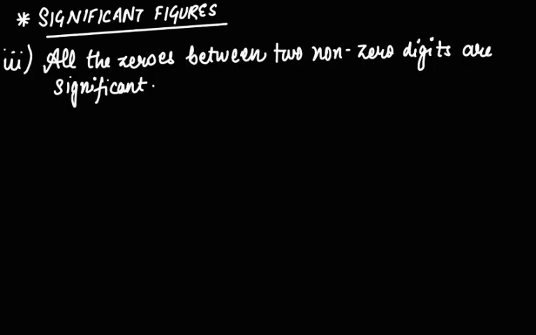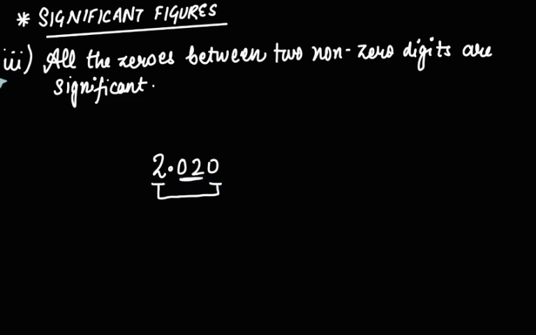Our third rule is that all the zeros between 2 non-zero digits are significant. For example, let's say 2.020. Here 2 is a significant figure as it is a non-zero number, and this last 0 is also significant because it's placed as an ending 0 to the right of the decimal point. Now between these 2 significant figures there are 2 digits, 0 and 2.